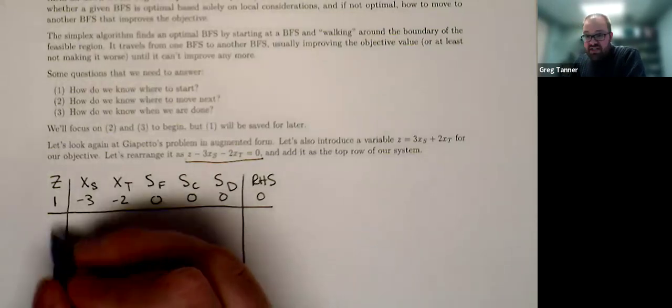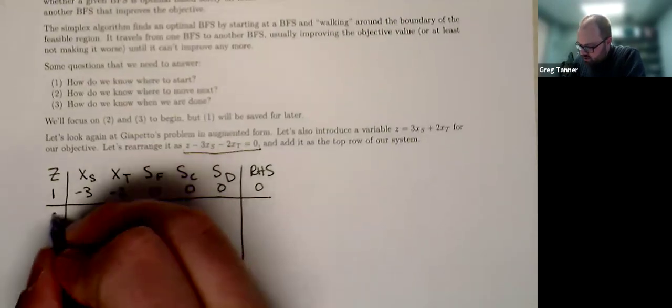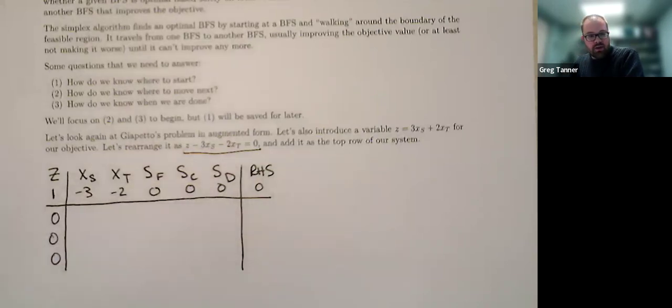And notice my z doesn't show up in any of my constraints. And so actually, I'm going to get 0 in there for the coefficient of z, because it's not in any of the constraints.